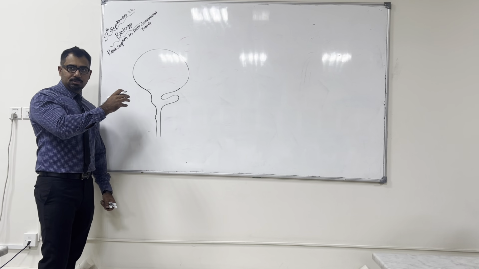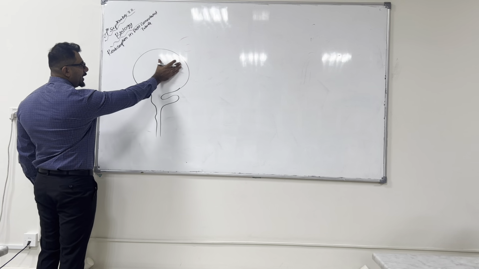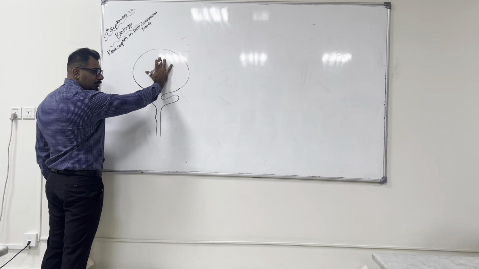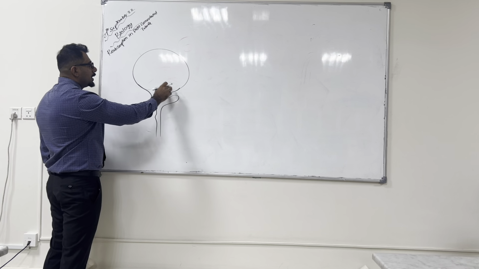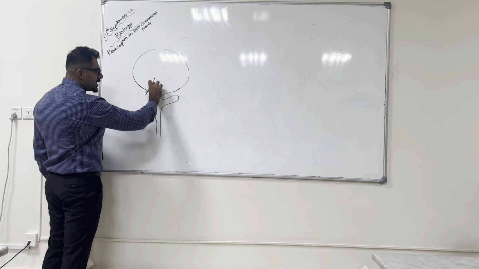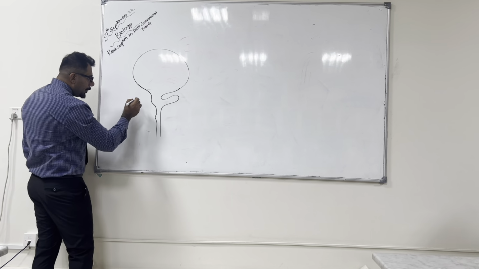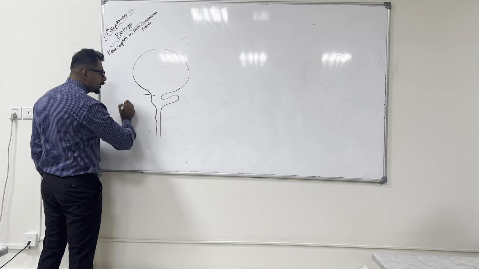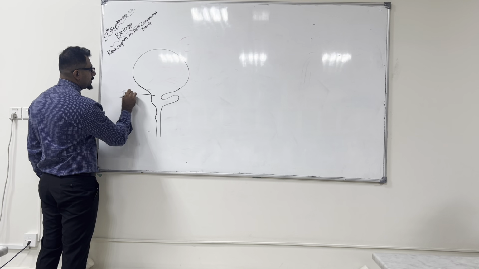Not too small. Now, this part of your brain is called the cerebrum. This is called the cerebellum. Now, over here, there is one part of the brain which is called the amygdala. But this part of your brain is called the thalamus.